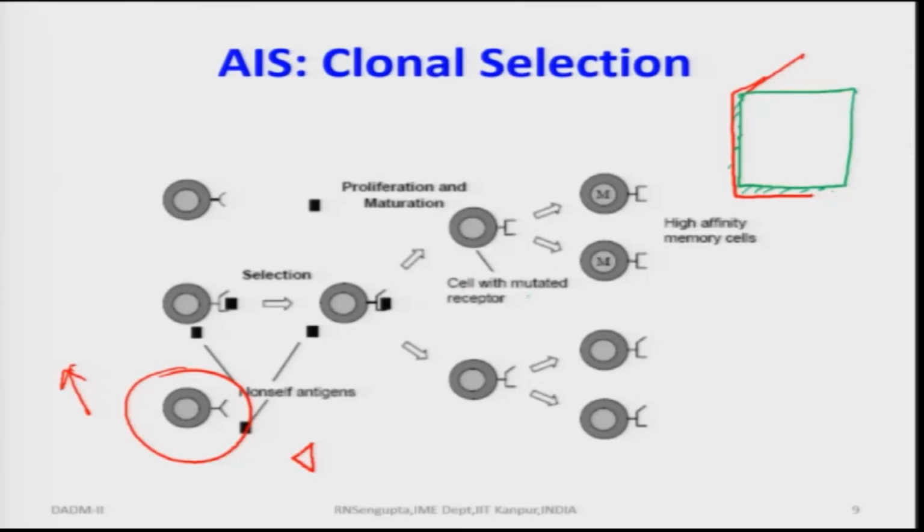If you see this diagram, cells with mutated receptors have made their dovetailing to a square one, such that they would replicate more and more depending on the number of such pathogens which are going to attack my overall system. If it was a triangular one, obviously the triangular ones would be much more. If it is a combination of triangular and square ones, then they would replicate accordingly such that I am able to fight the system in a much better manner.